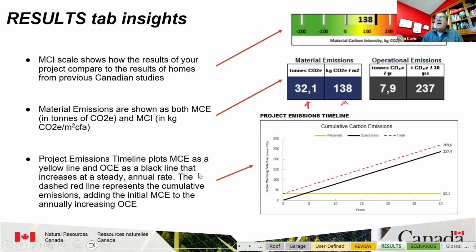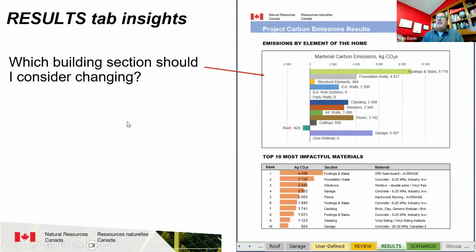And the timeline plots this based on a 30-year use cycle. Most of the mechanical systems will be changing by then. Again, in the results, we go for the big ones, right? We're already sequestering carbon in the roof. Maybe we need to focus on these areas.